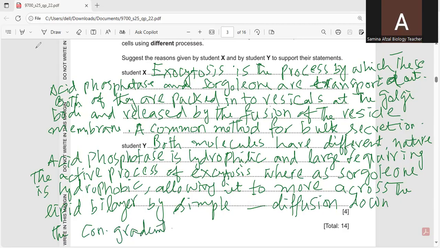And you know, it is a passive process, very slow. So that was all about question number one.